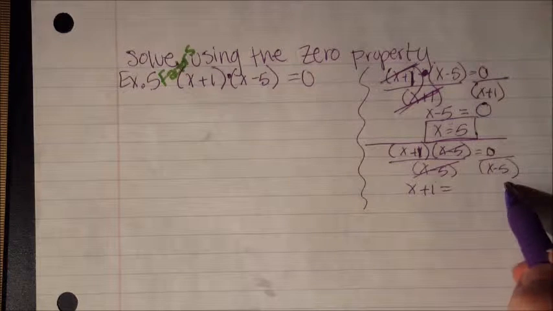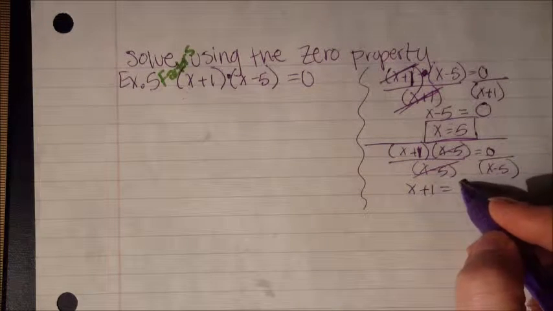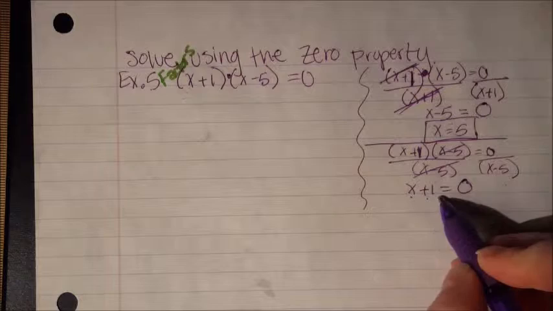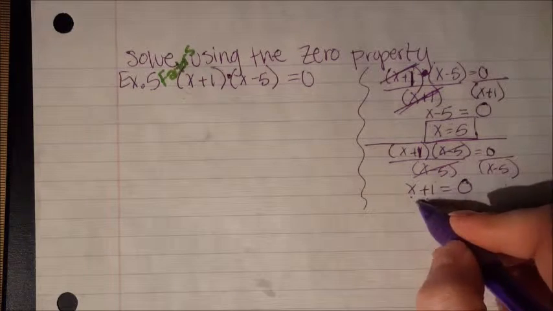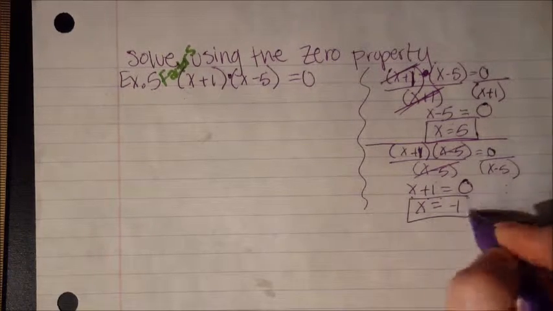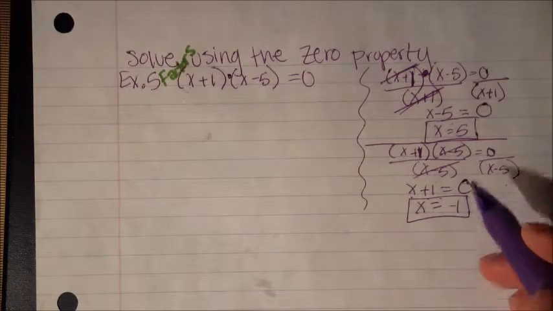And what is 0 divided by something non-zero? It is also 0. What number plus 1 equals 0? So x would be negative 1. That's the long way. Let me show you the shortcut.